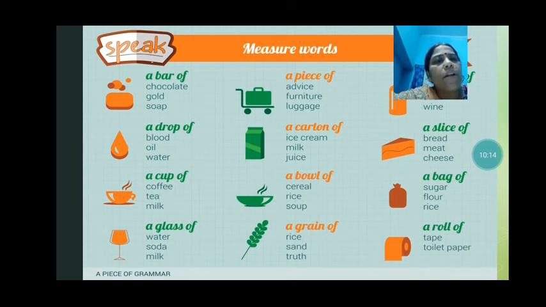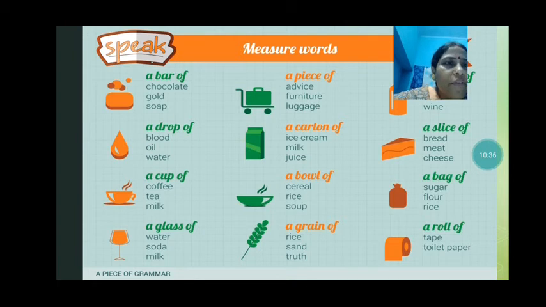Then in the next one, a drop of blood, a drop of oil, a drop of water, a cup of coffee, a cup of tea, a cup of milk. The containers you can see. Then a glass of water, a glass of soda, a glass of milk. Then see, a piece of grammar which we are doing now.